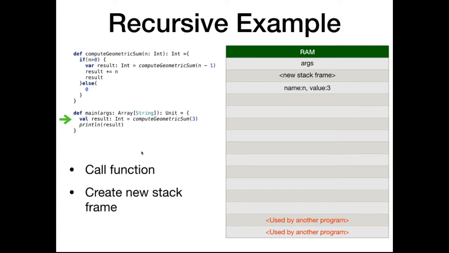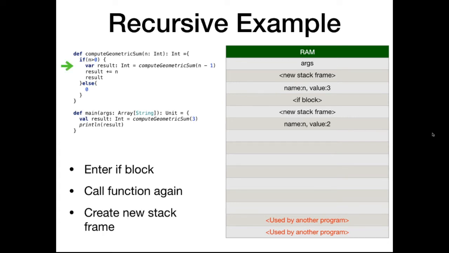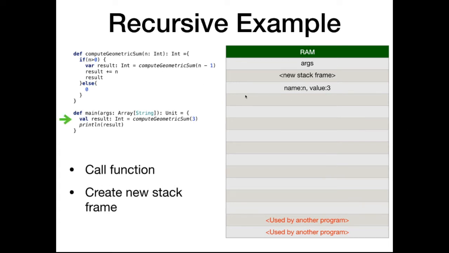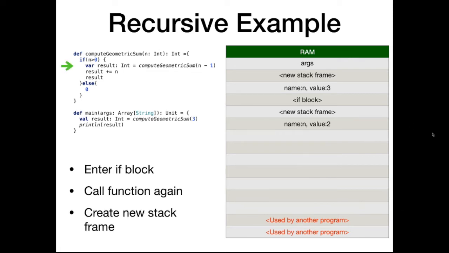But when we call geometric sum, we're going to create that parameter as a variable in the new stack frame that we create for this method call and assign it the value from the argument. So our argument is just the literal value 3 as a magic number. We're going to assign that argument to the parameter n when we start in this new stack frame. Our entire method is a conditional that's going to determine what we're going to return here.